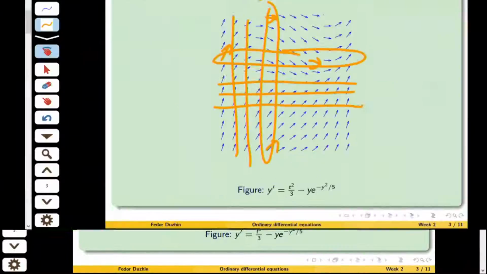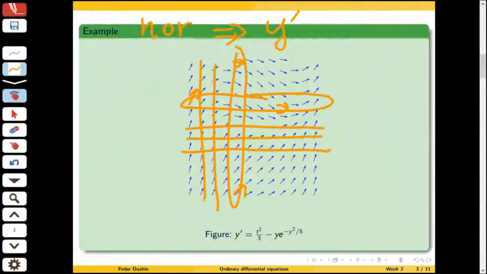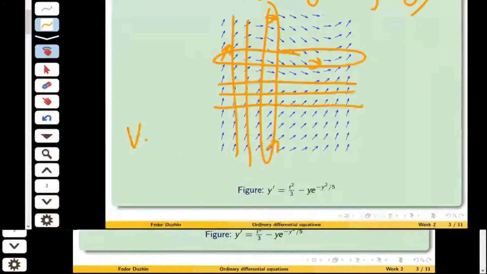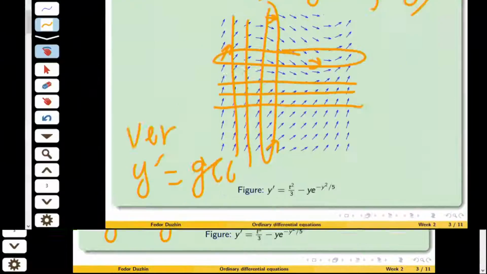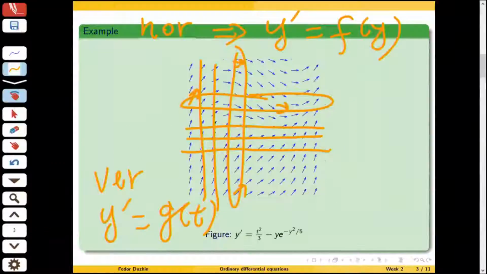If it is invariant under horizontal translation, then it is a differential equation of the form y prime equals f of y. Under vertical translation, it is a differential equation of the form y prime equals, say, g of t. In both cases, the differential equation is separable.